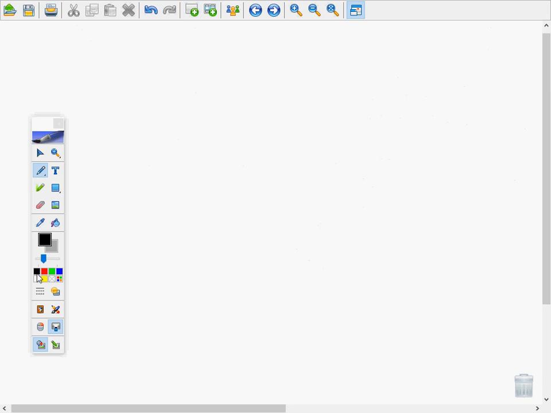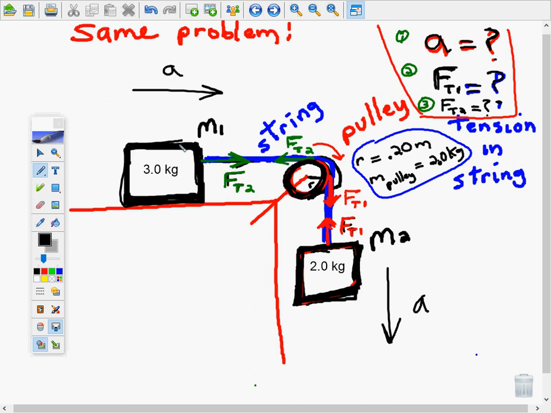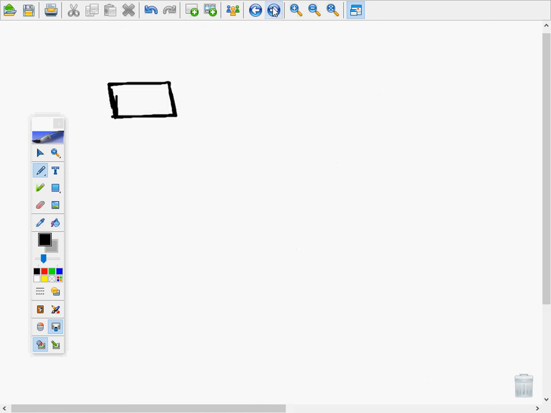So, here we have these are called free body diagrams because we're freeing the object up from the rest of the diagram. So I'm taking this and I'm freeing it up, free at last. And I'm redrawing it over here, 3 kilograms.